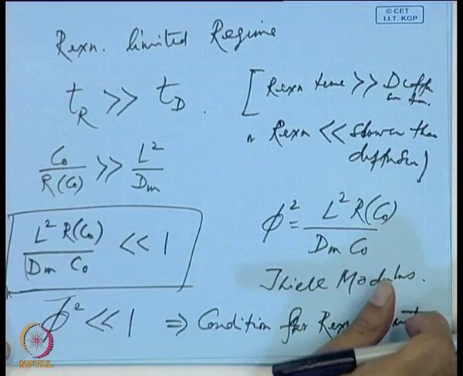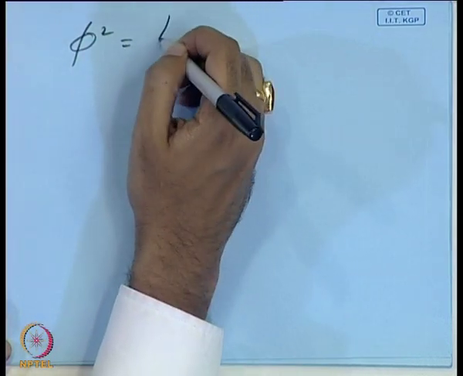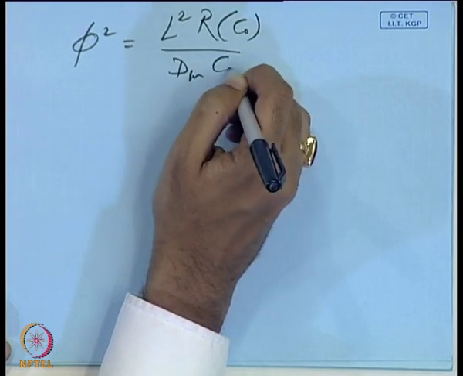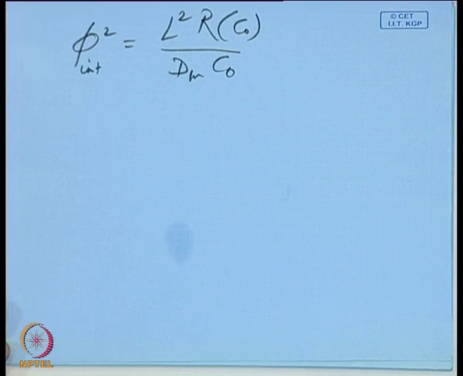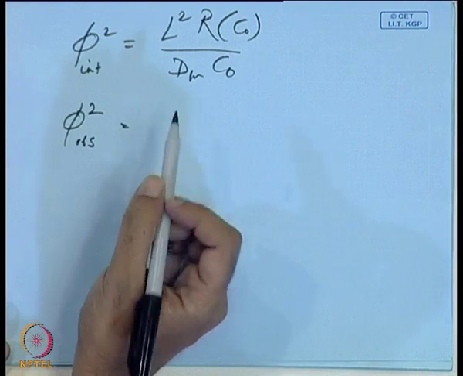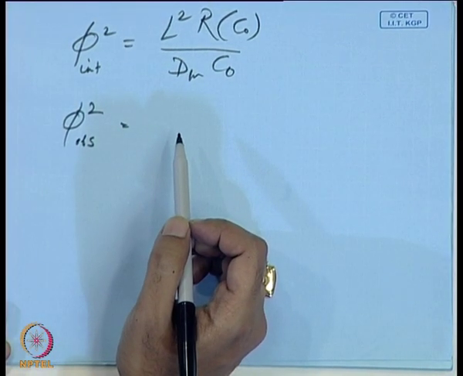Okay. Now, at this point I will tell you that there is something called an intrinsic Thiele modulus, and there is something called an observed Thiele modulus. Can you tell me, so this is the intrinsic Thiele modulus, what the observed Thiele modulus is going to be?